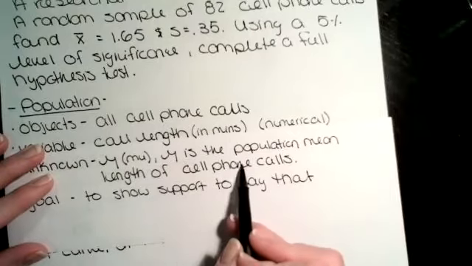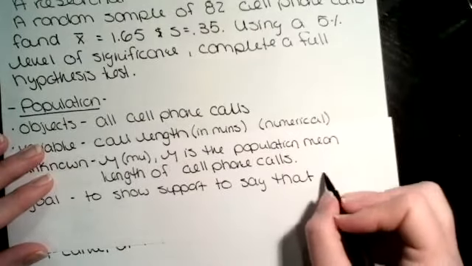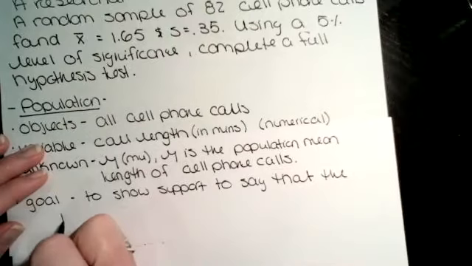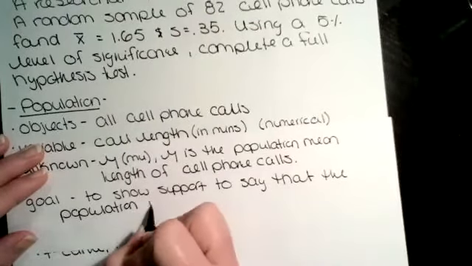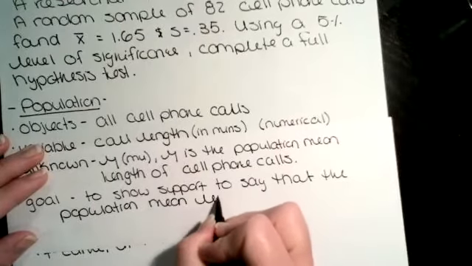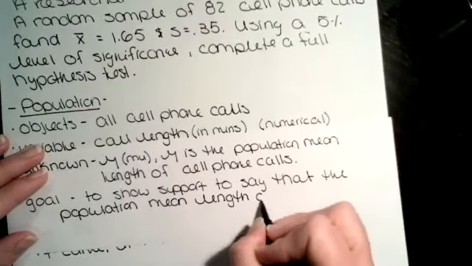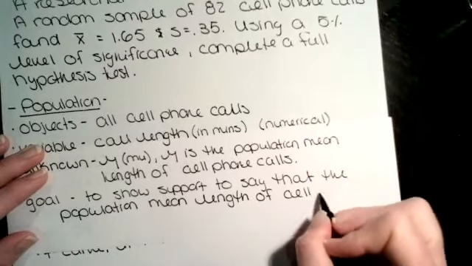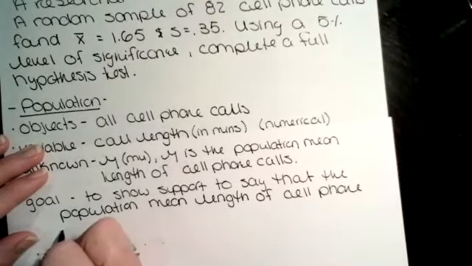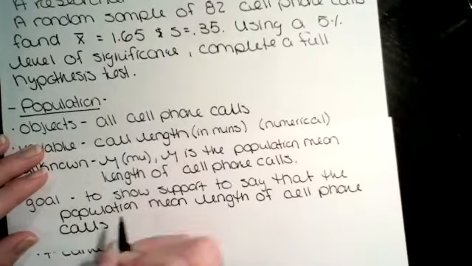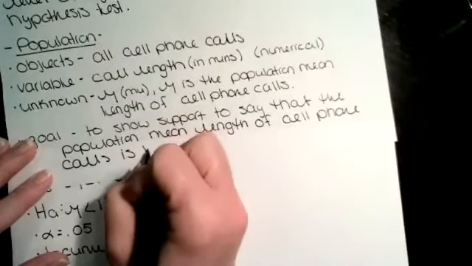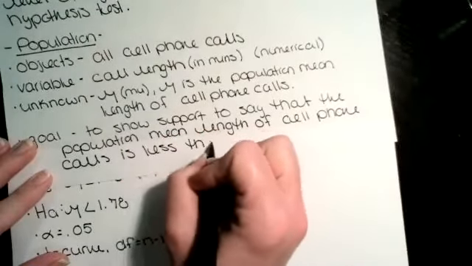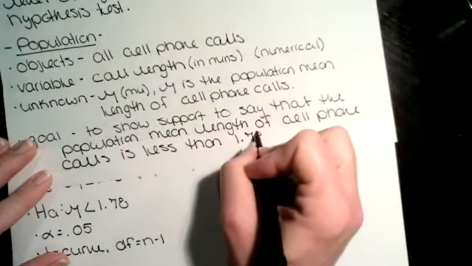So I'm going to just write this down to say that the population mean length of cell phone calls is less than 1.78.